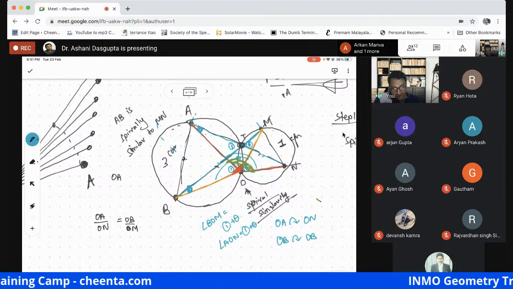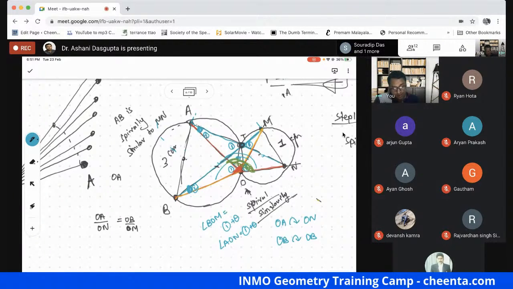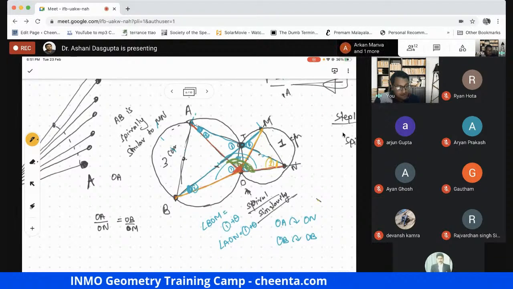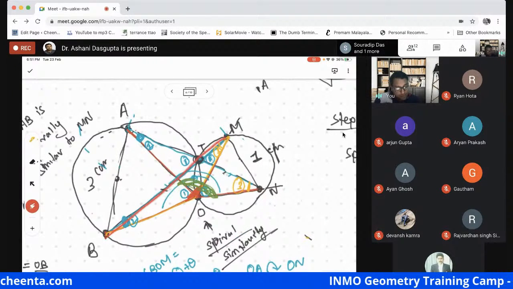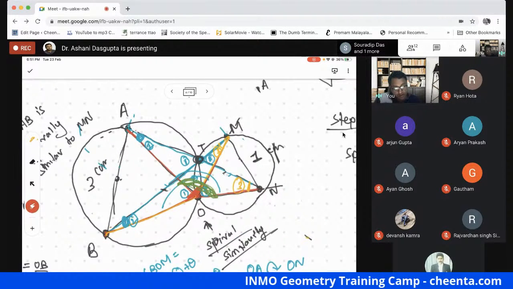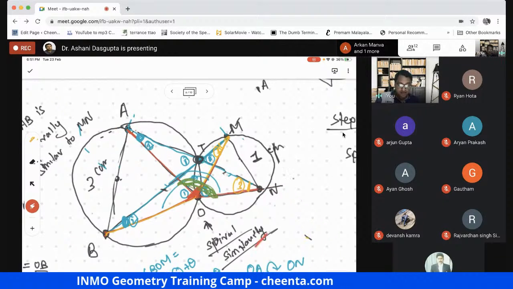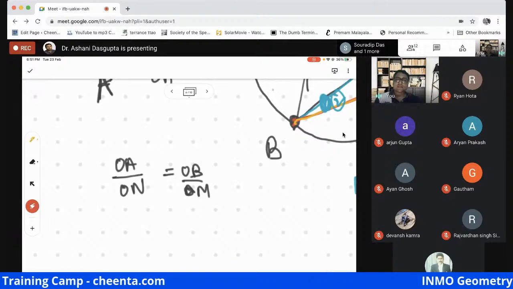So if this is angle 1, then this is angle 1, or maybe I can call it 2. And if this is angle 3, then this is also angle 3. So in this picture, now we have BMO similar to ANO. So we can get this particular ratio for our purpose. So this is good. This is fine.